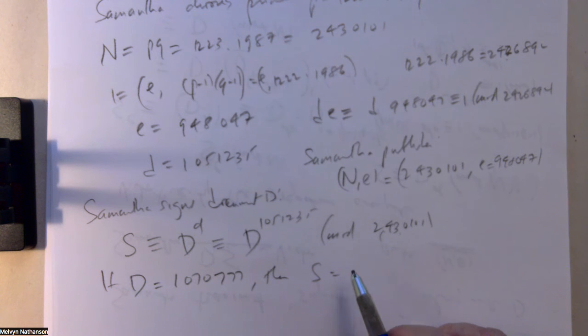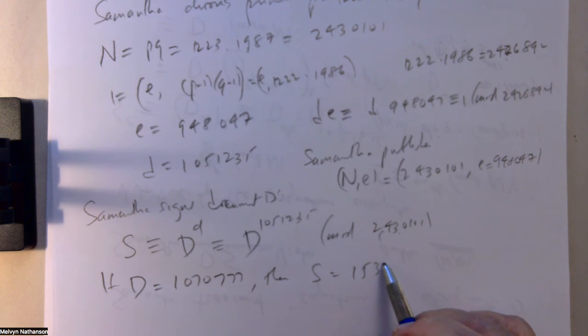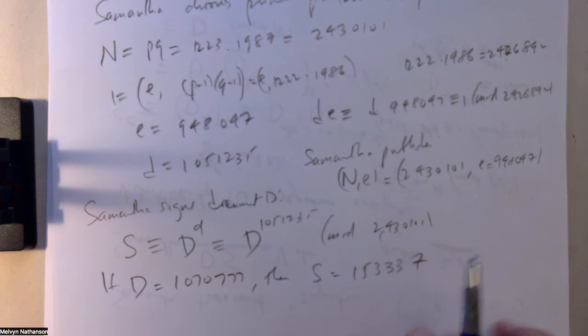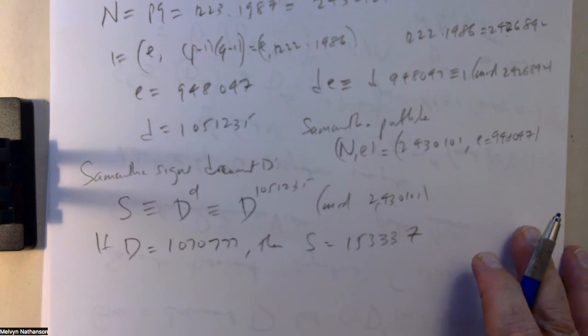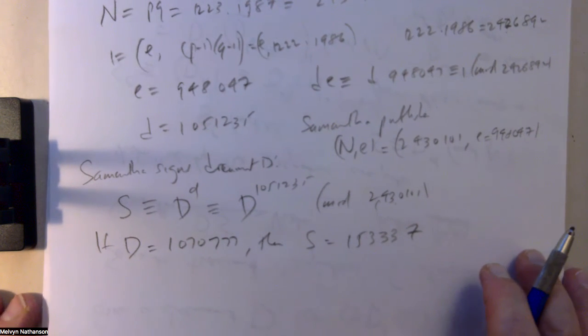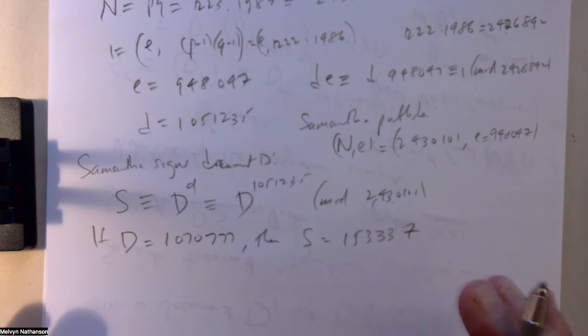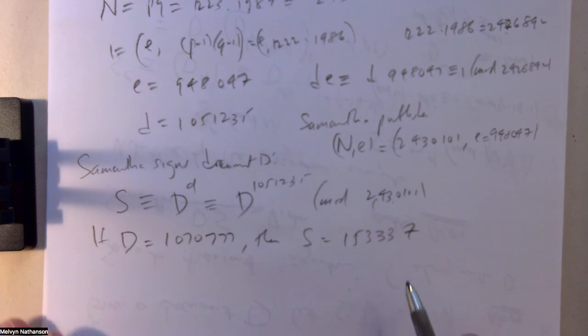You get S is equal to 153,337. Again, if you're a computer science major and you have a computer you can use, you should actually check these numbers.